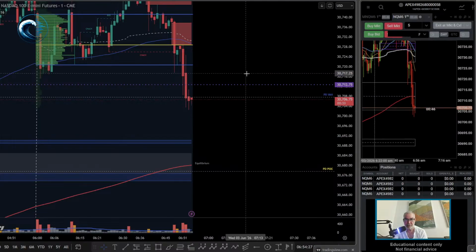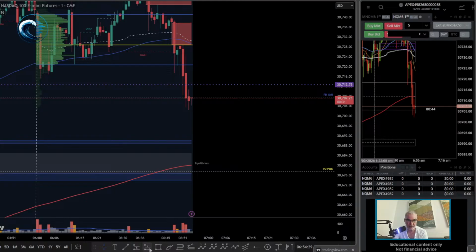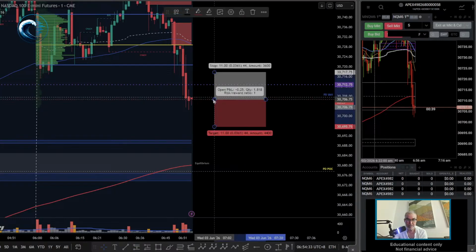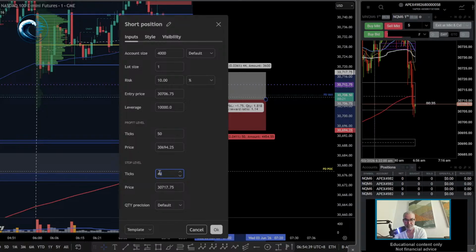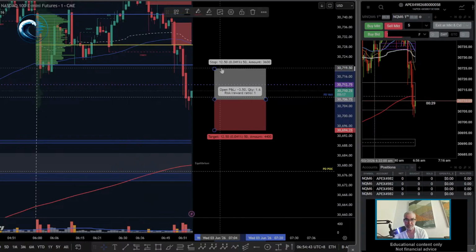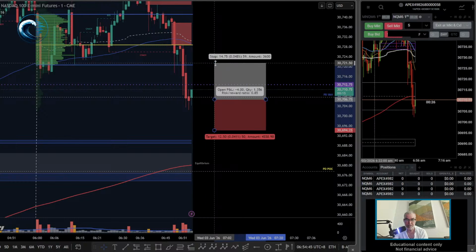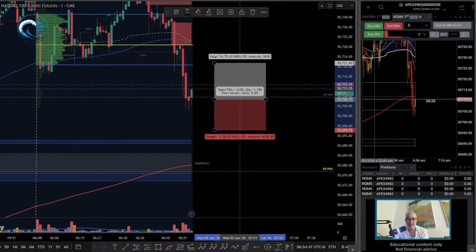And we shall see. So what is my short? Just quickly, sorry. Ideally, I want my stop loss set up. Okay.